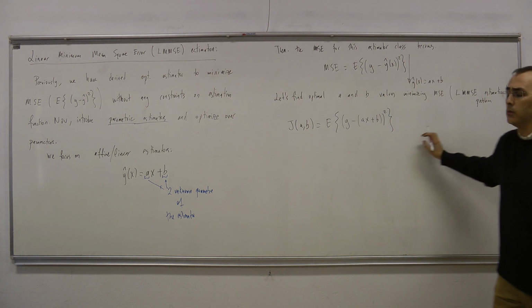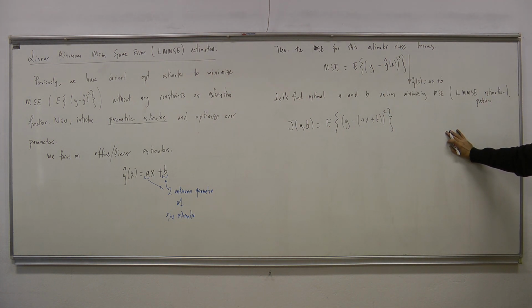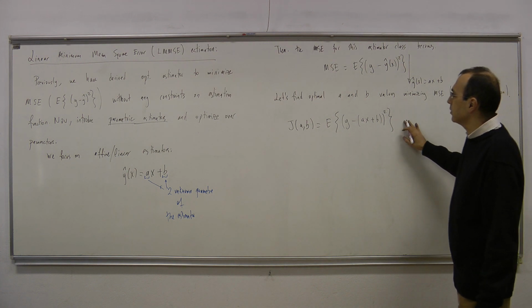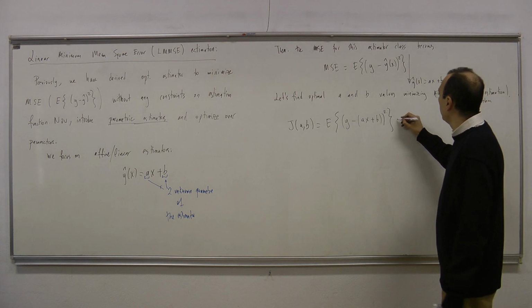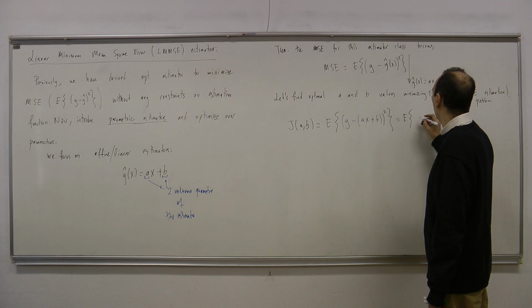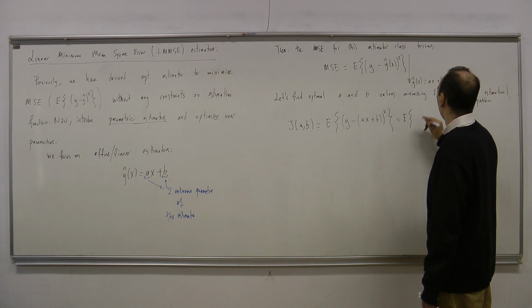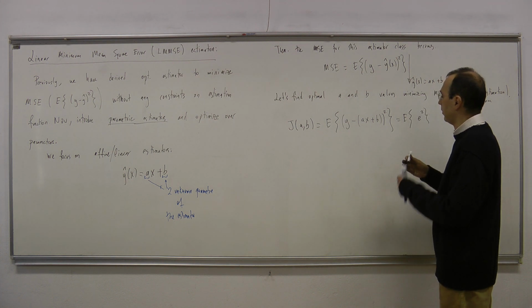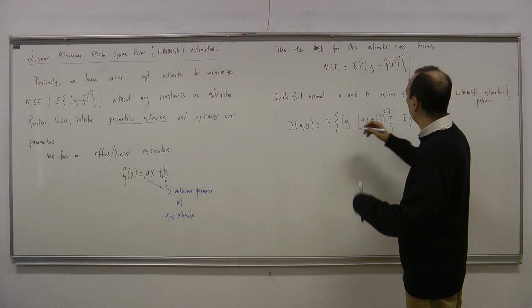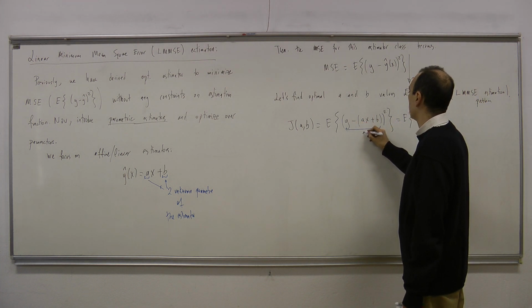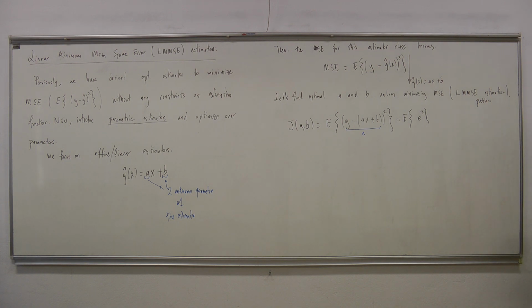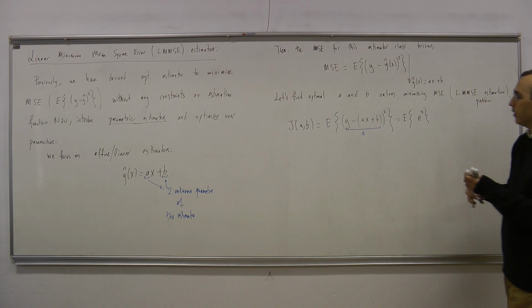By taking the derivatives, I can immediately find the optimal a and b values. So let me write this as the expected value of e squared, introducing e just to simplify my life.